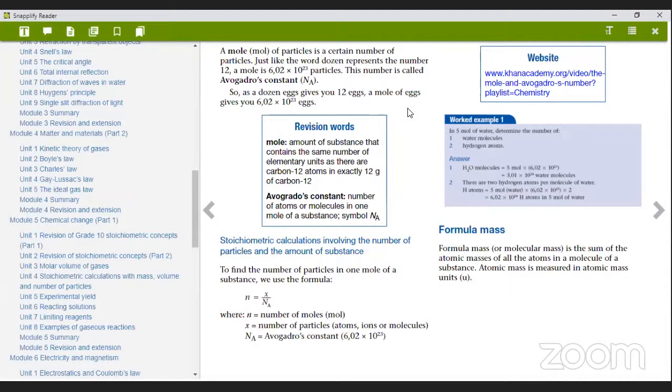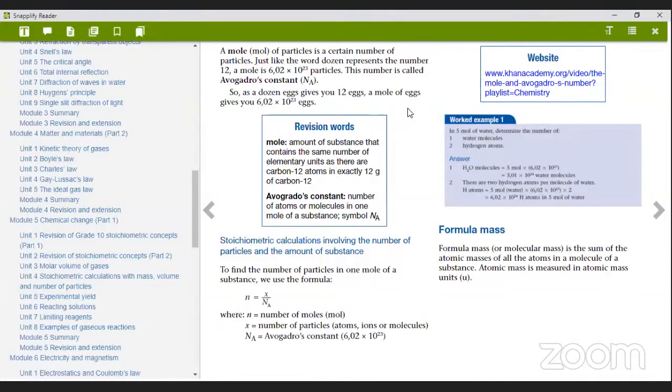Then we start going to the formula mass. The formula mass is actually known as the molecular mass. I know there are people that have a problem confusing molecular mass and the molar mass.